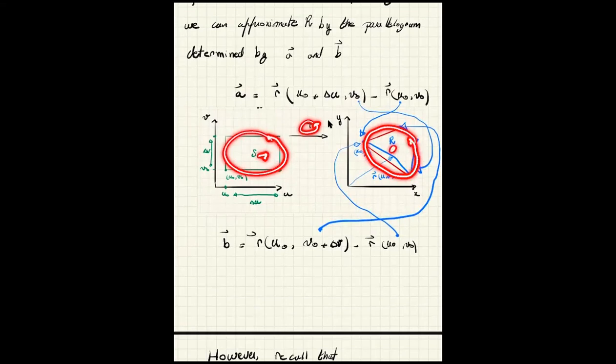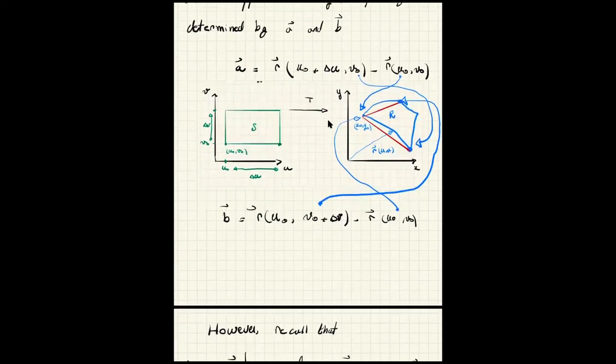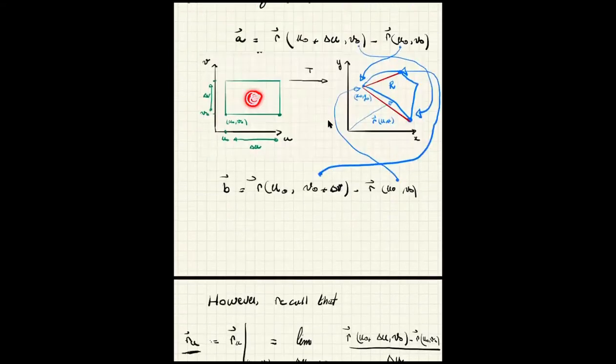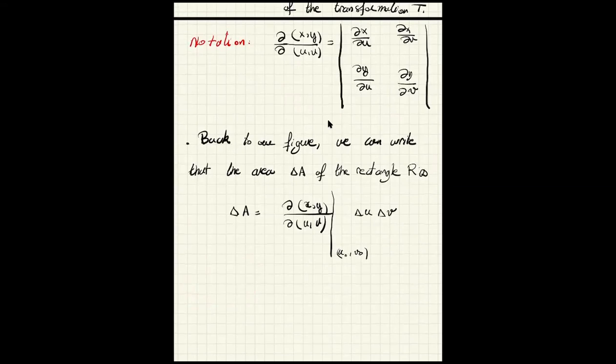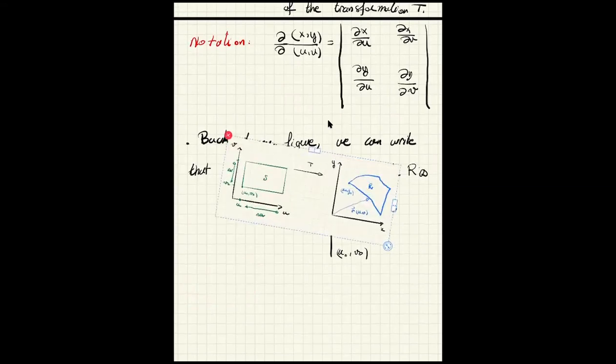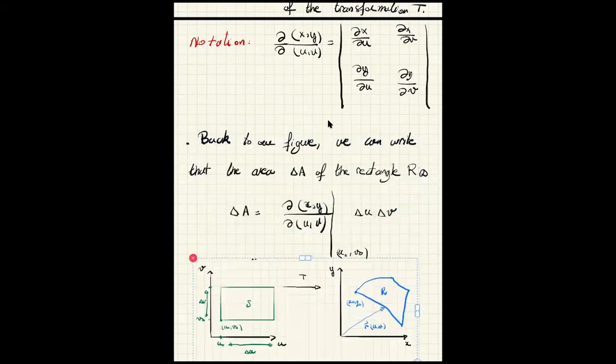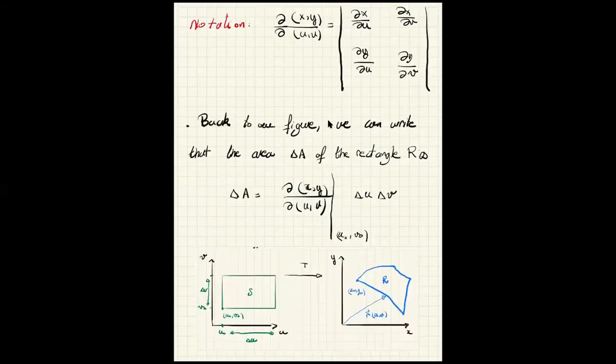The area of this curved rectangle is the area of this small rectangle S, which is delta U delta V, times a number.